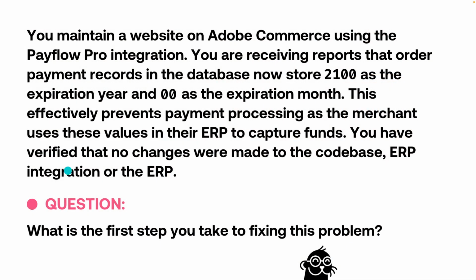B is probably a good thing to do, maybe as the first option, probably not. I tried to put that in here: what is the first step you take to fixing this problem? B is not necessarily the first step I would take. It will be a step, because depending on what we find out, we'll need to have a conversation with PayPal, but it's not necessarily the first step.